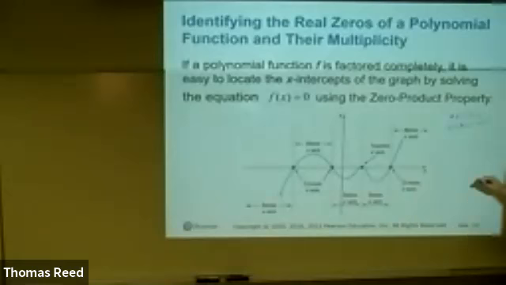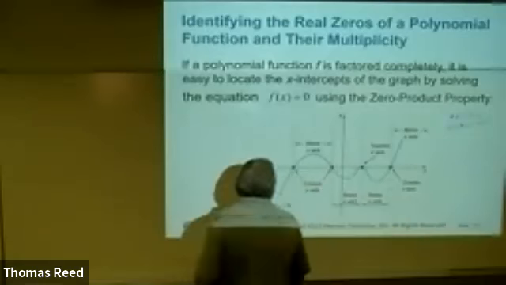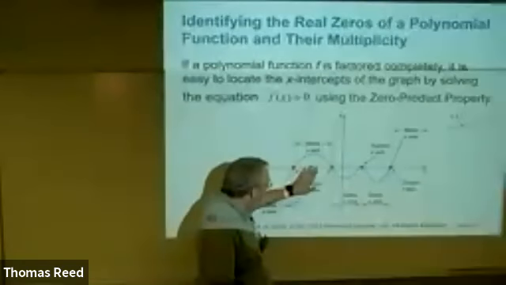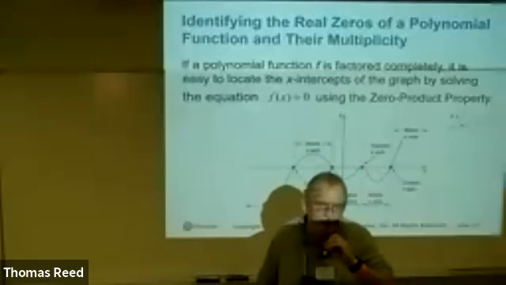Now, this picture actually goes with the next slide. Because once you find those zeros, you can look on either side of the intercepts and look at what the sign is.